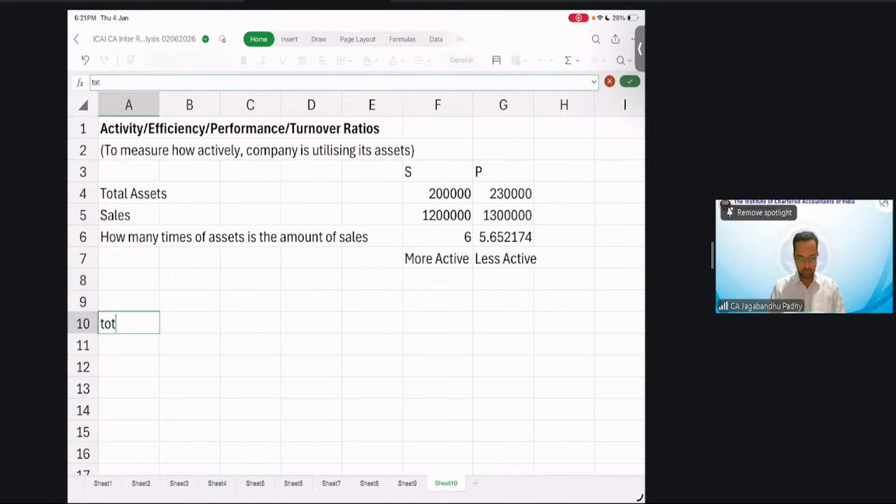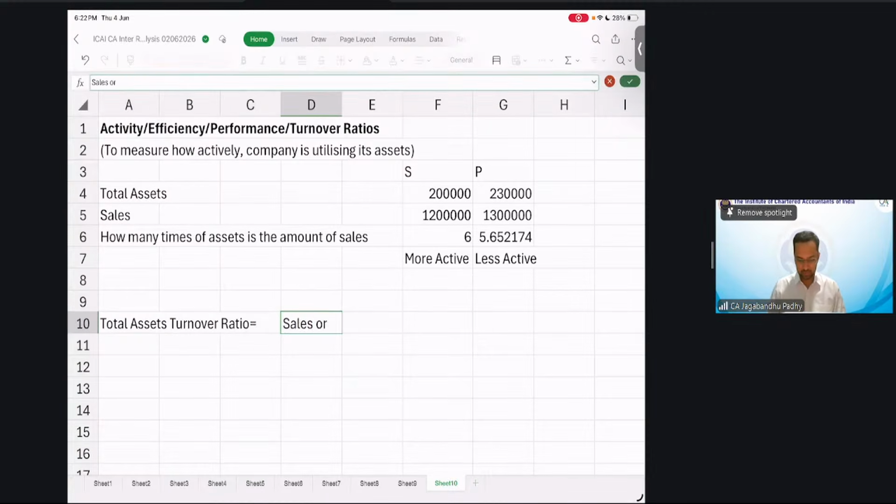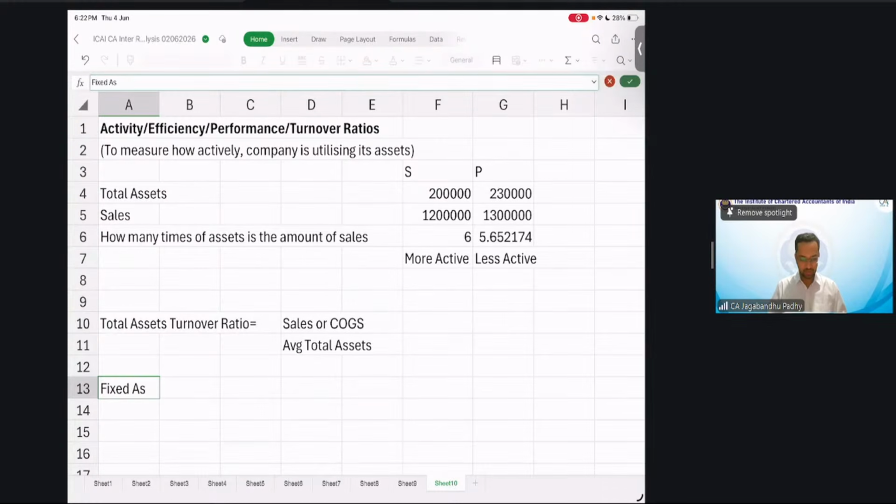So first thing that we can have is, as we did over here, the total asset turnover ratio. Total asset turnover ratio is sales or COGS divided by average total assets. Same way, if I want to see the fixed assets turnover, can you tell me what will be the formula?